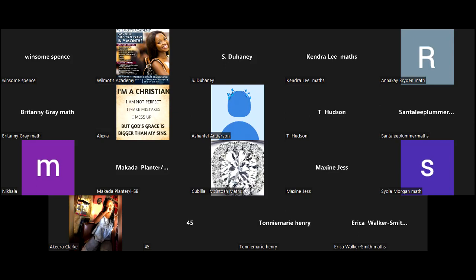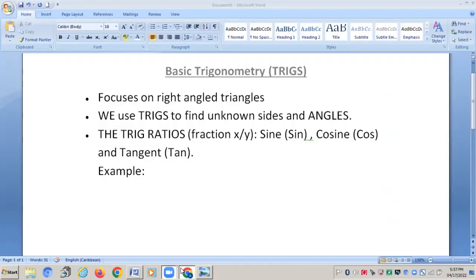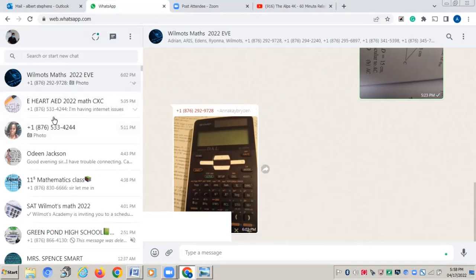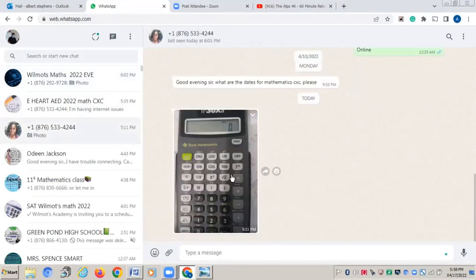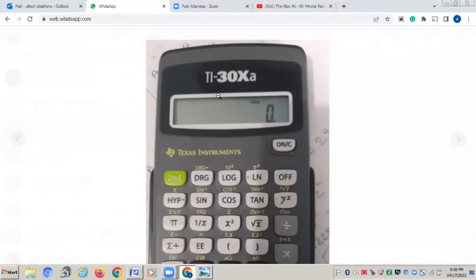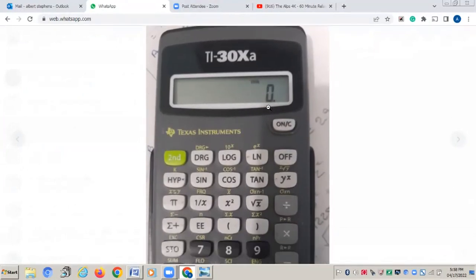All right. The point I was trying to make, because time is running: you see a scientific calculator? It must have DEG on the screen. Are you guys seeing this calculator here? Do you see DEG?